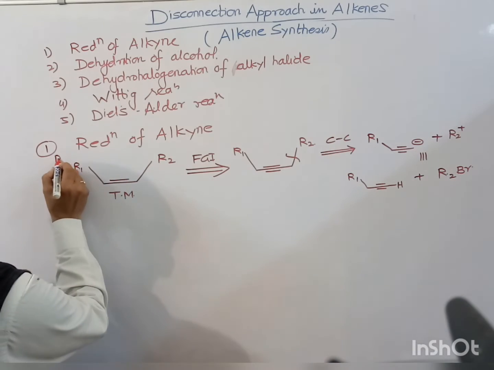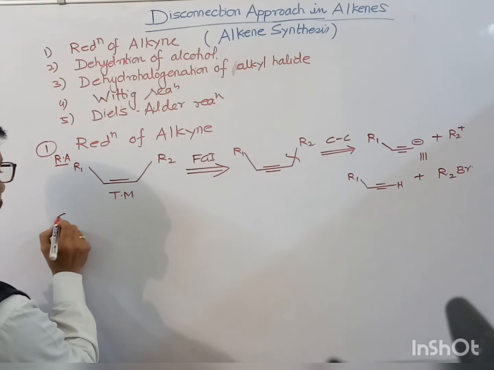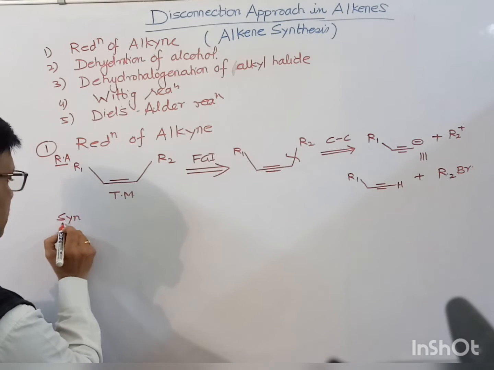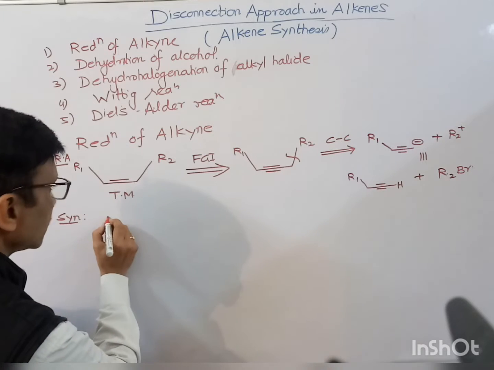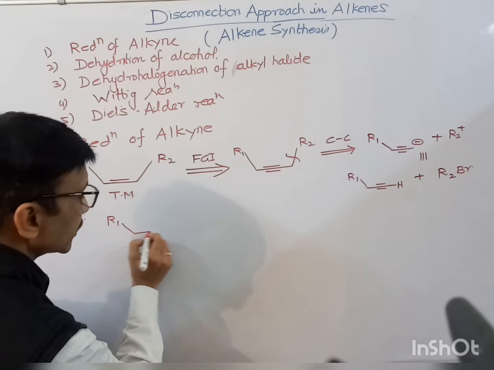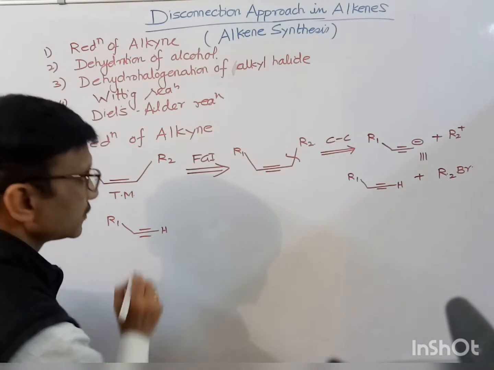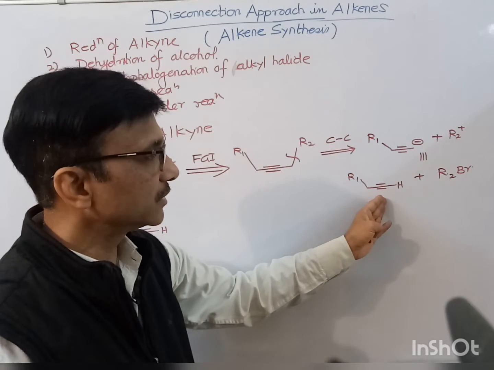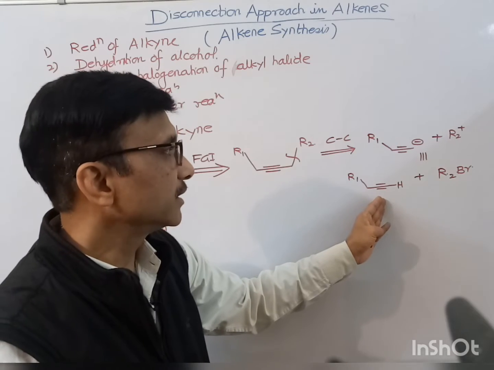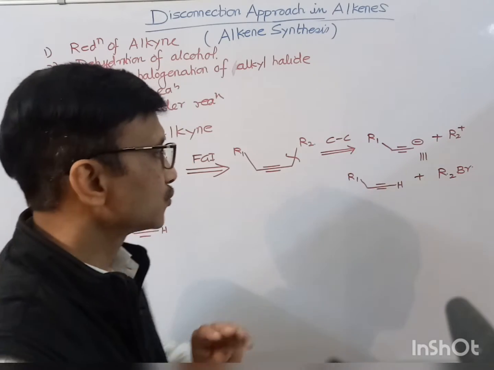So if this is the retrosynthetic analysis of this target molecule, you can write the synthesis in the reverse direction. So you have these synthetic equivalents. Now first of all, from here you will go here, meaning this terminal alkyne can be converted into the anion. So how can we convert it?